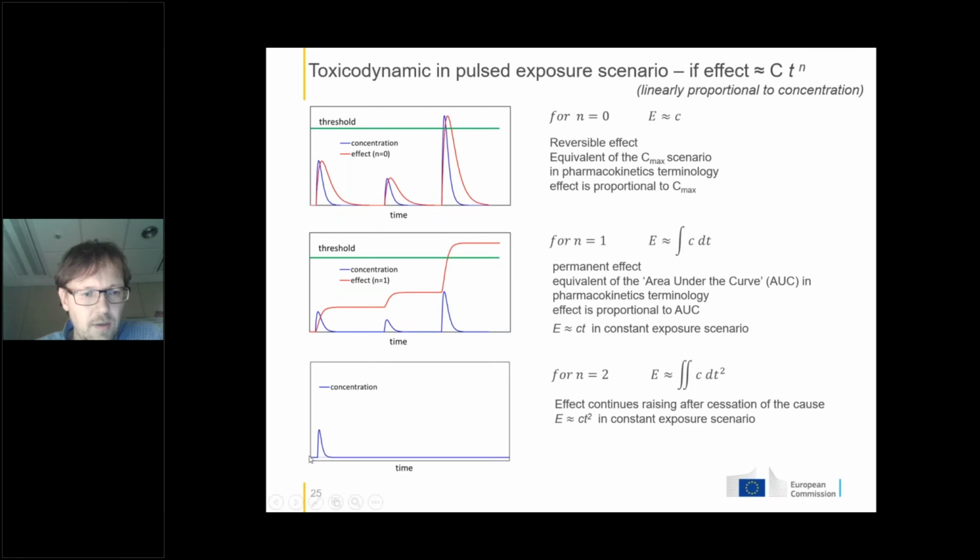So it means you first calculate the area at every time point, and you will get how the area is increasing with your time, and then you apply a second integral. And the result is that it will be increasing at a certain rate during the pulse. And then when the concentration drops to 0, it still will keep increasing.